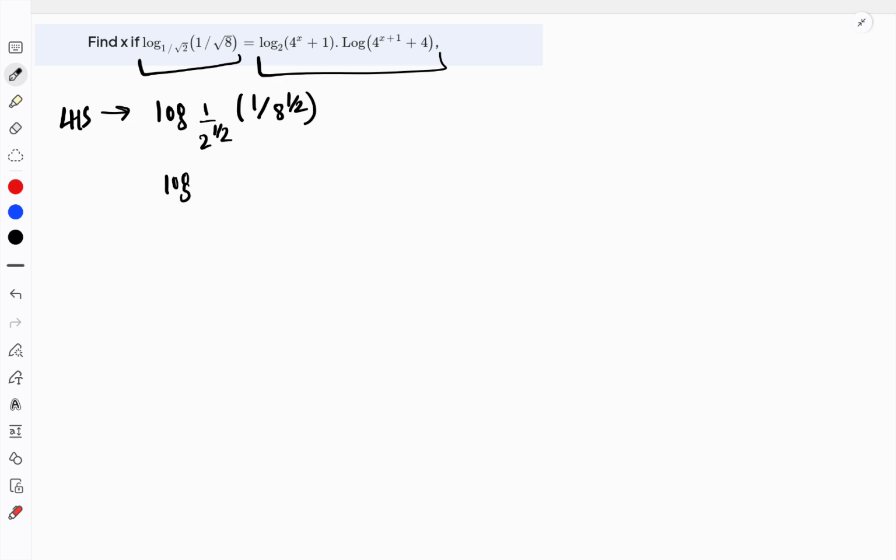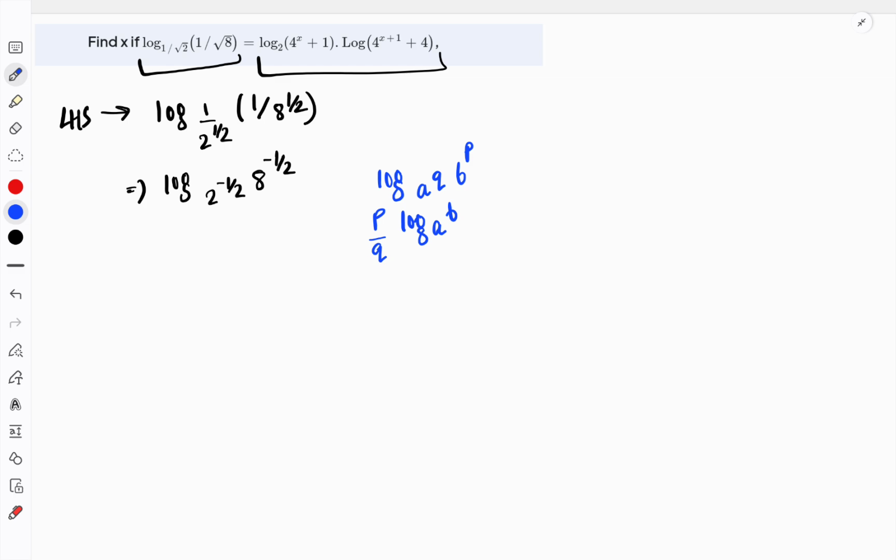As this power goes up, the base becomes minus 1 by 2, and the same thing goes with the argument as well, minus 1 by 2. Now there's a fantastic property of log which says that if we have log a raised to q and b raised to p, then it is p by q log b to the base a.